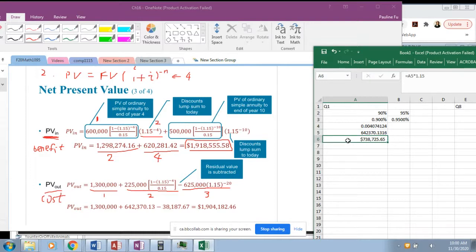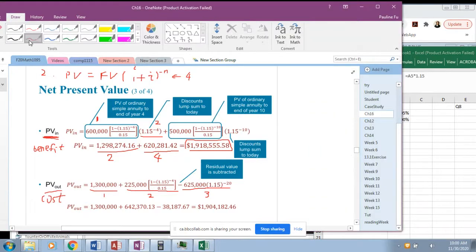So this number, if the difference between begin and end is 1 period of interest, you see, if I use this number times 1.15, I get the number from the calculator. Okay, so I will make a note here. This one is based on end. The formula is based on the end mode that gets this number here.